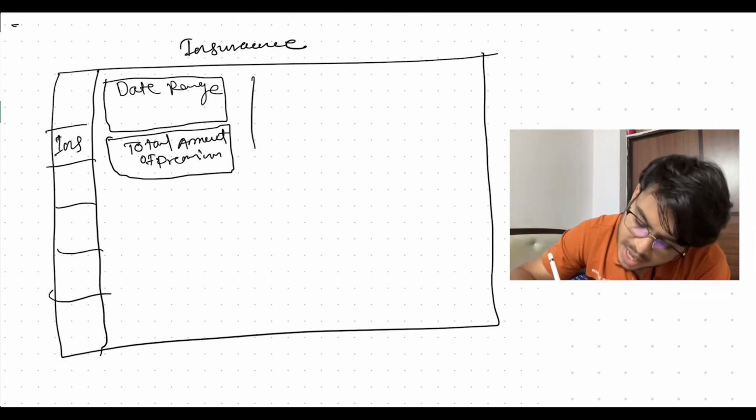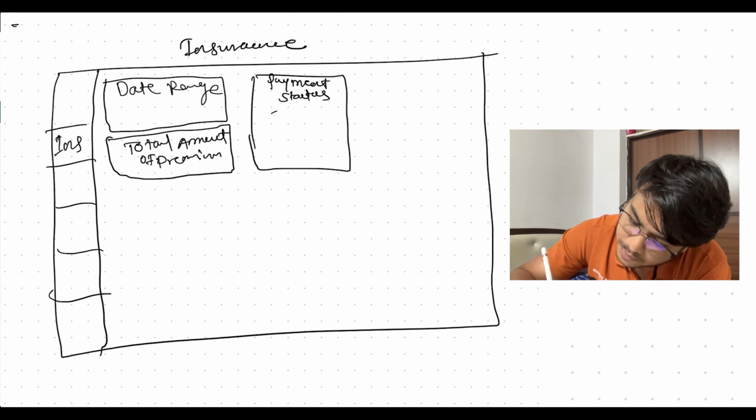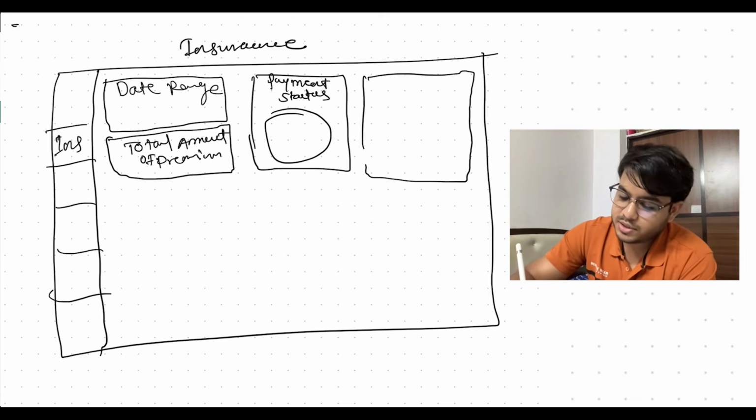Then here we'll add a payment status thing. Then we'll add here failed payment status reasons.